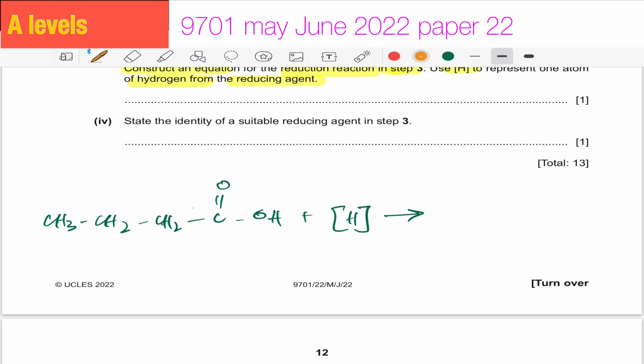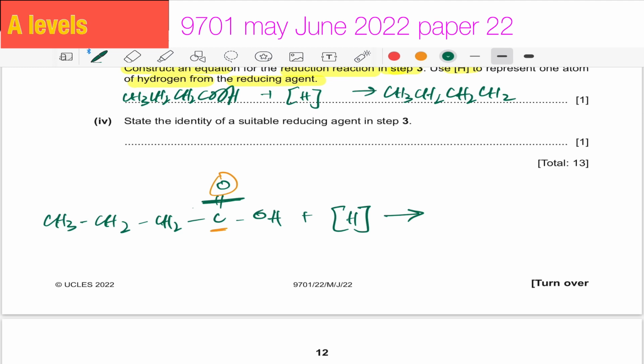You just have to remember that this carbon, which is directly double bonded to this oxygen, will lose this oxygen and gain 2 hydrogen atoms instead of this oxygen. So we get CH3, CH2, CH2, COOH plus H, and this carbon and oxygen bond will be broken, and this carbon will gain 2 hydrogens. So it becomes CH3, CH2, CH2, and this carbon will gain 2 hydrogens.